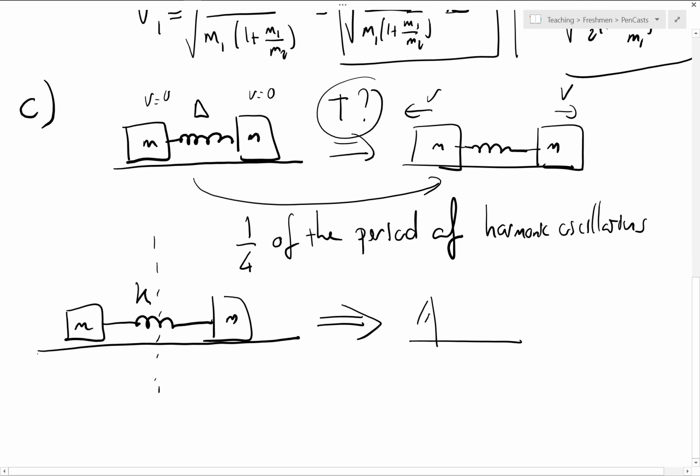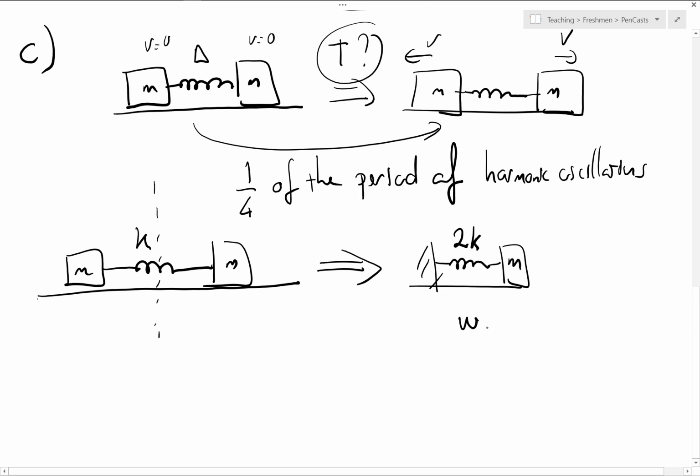Maybe I should think of this as a mass m tied to a spring which is half the length. Now what does that mean? If I stretch this by x, the full spring will stretch by 2x. So this is essentially equivalent to thinking of a single spring with spring constant 2k.